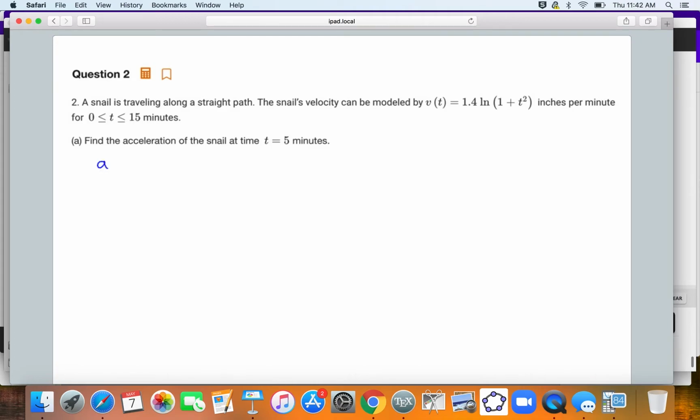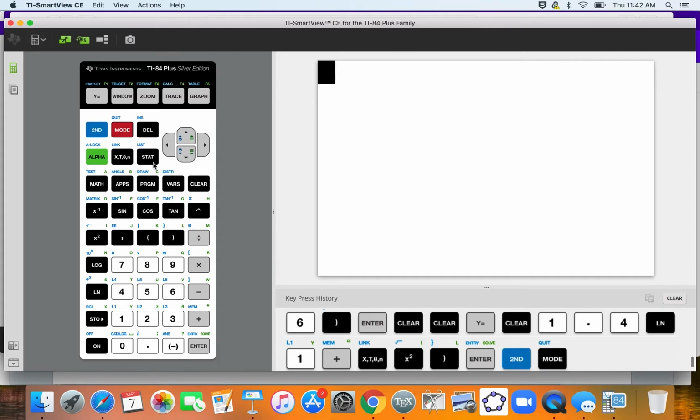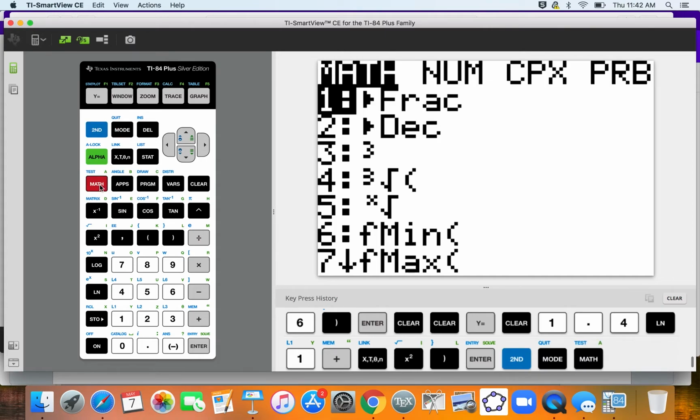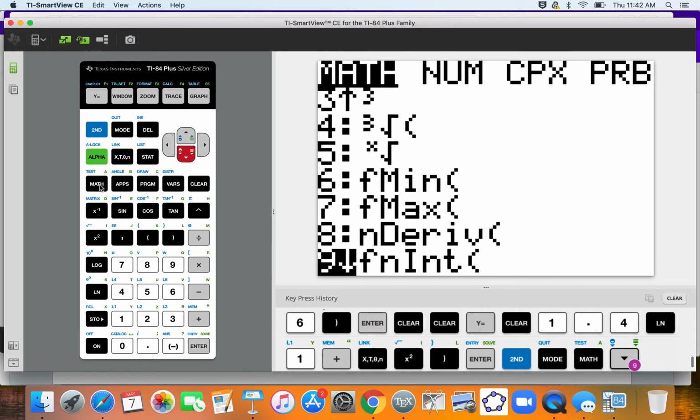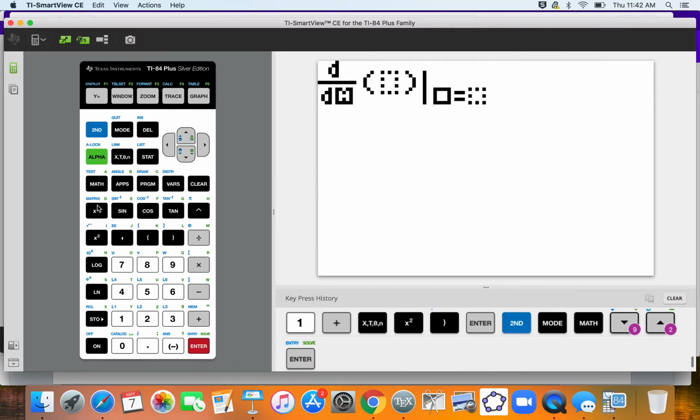So we want A of 5. Acceleration is the derivative of velocity. And since this is calculator necessary, we can totally just do this one in our calculator. I've gone ahead and put my velocity function into y1. So we're just going to quit to the main screen. We're going to go math, nderiv, whoops, so numerical derivative.